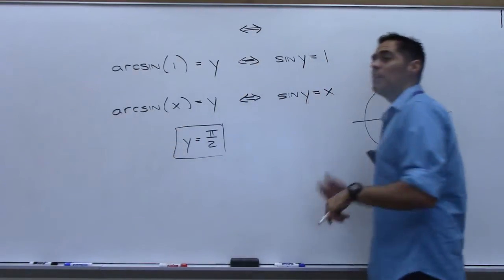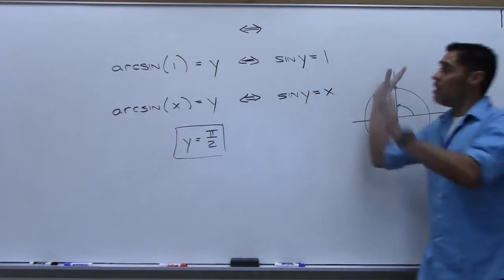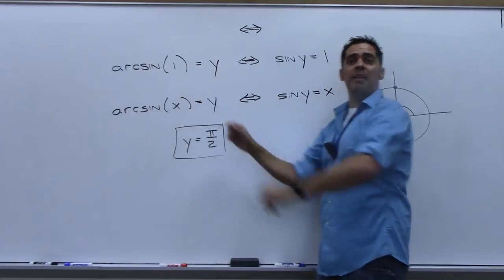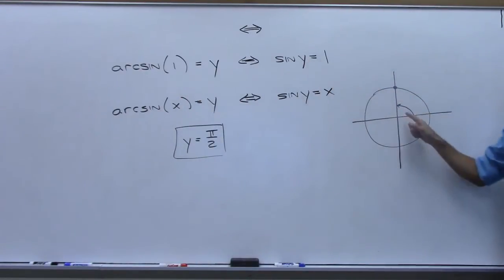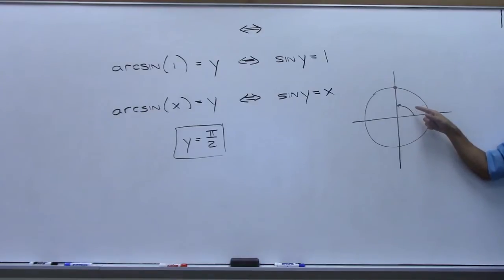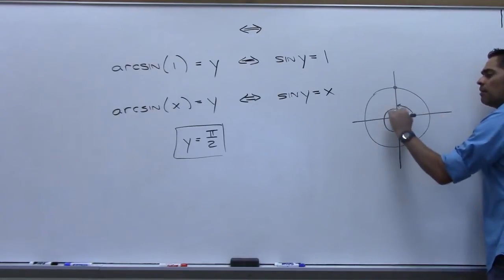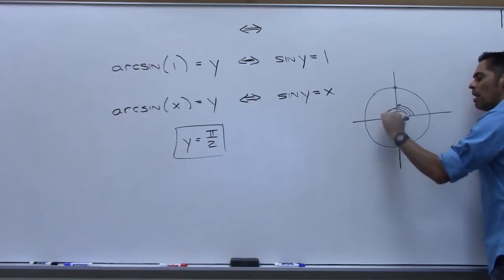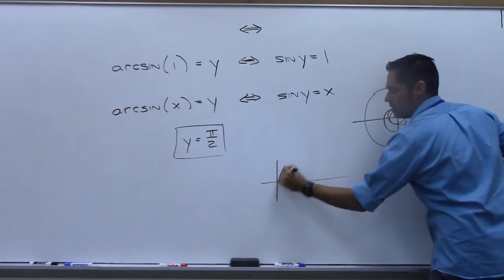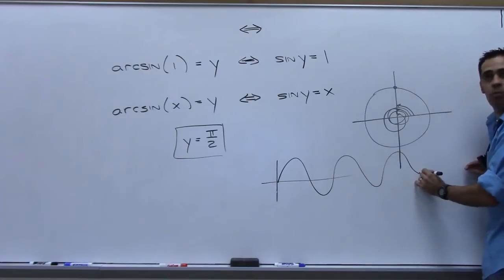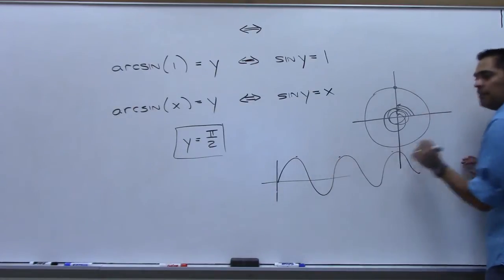Is that the only answer? Forget all of this right now. If I asked you what angle do you plug into sine to get 1, is pi over 2 the only answer? No, because I could go around and back, or I could go around twice and back. What's happening there is you're looking at the entire sine curve and asking where it is 1, and it's happening infinitely many times.